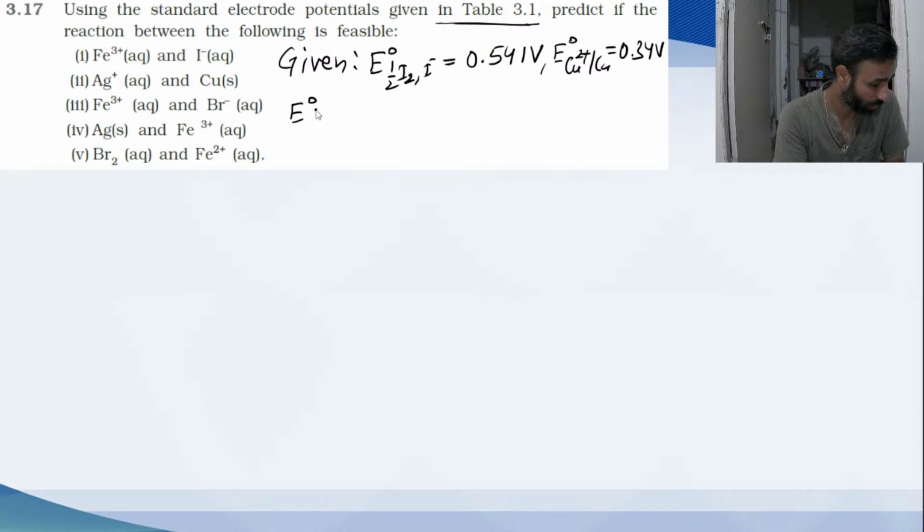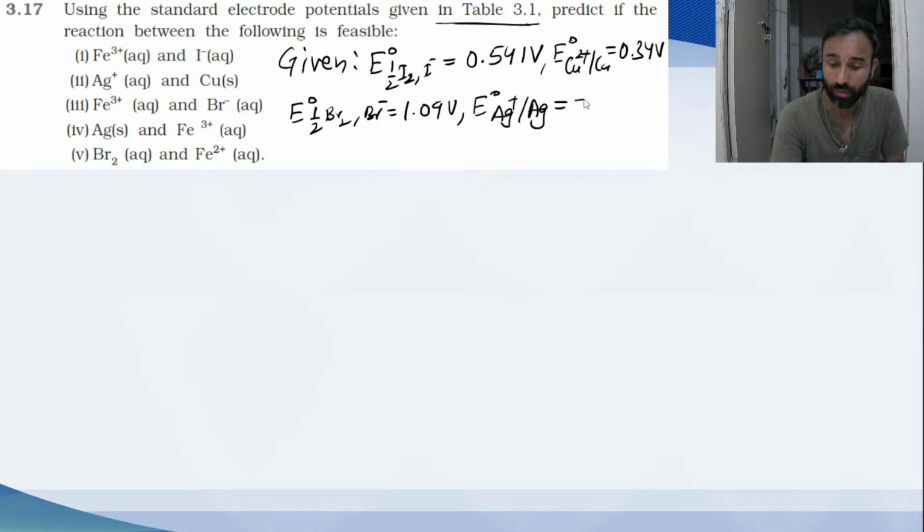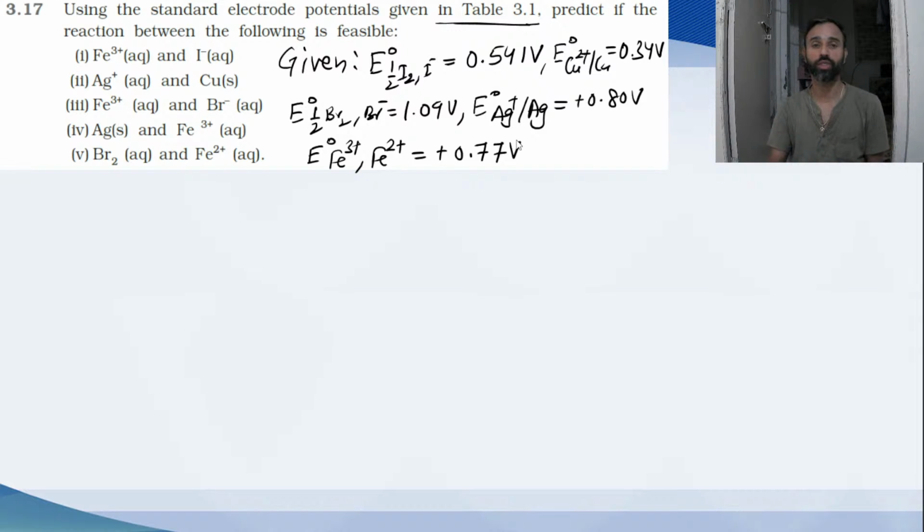E naught of Br2 to Br negative is 1.09 volt. E naught of Ag+ to Ag is 0.80 volt, and E naught of Fe3+ to Fe2+ is 0.77 volt. These values should be given to you.